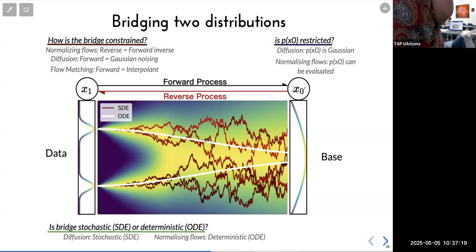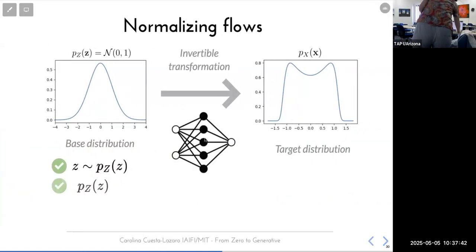But the best use is the fact that you can actually compute P of X, right? Because you know P of X naught. What's the difference between P of X versus P of X naught? Right, so you need a Jacobian. So this is what we had.